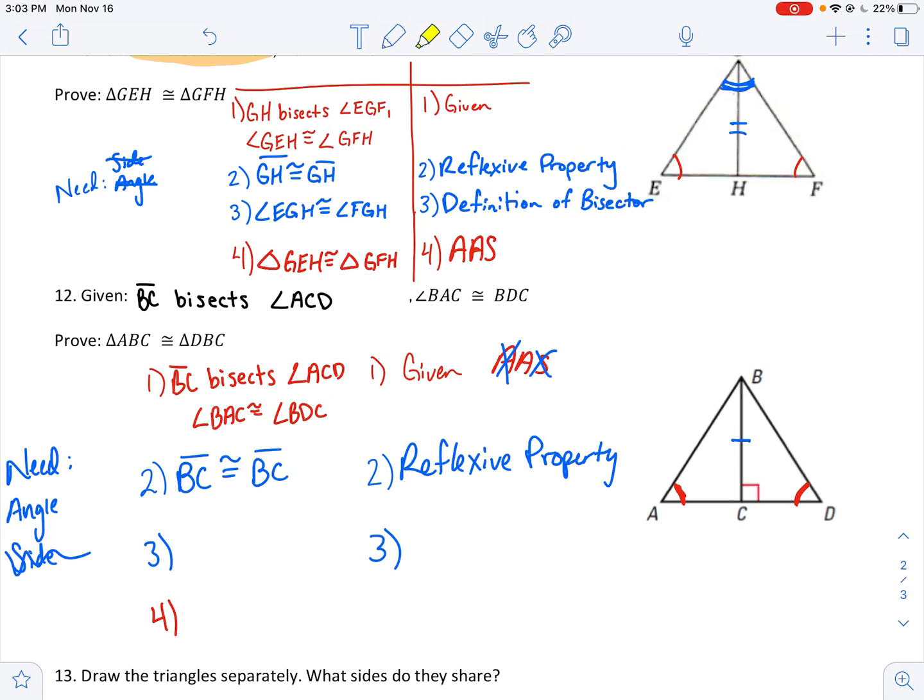Again, what should I do here? Looks like I've used up everything. I have no vertical angles. I'm going to look back at my given line and I'll see if I have any vocab words in here. And there's one. BC bisects ACD. So here's angle ACD. It's a 180 degree straight line, straight angle.